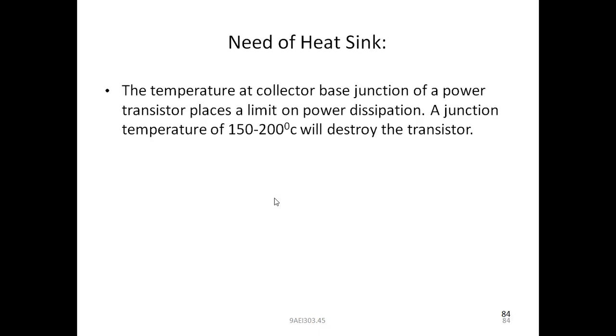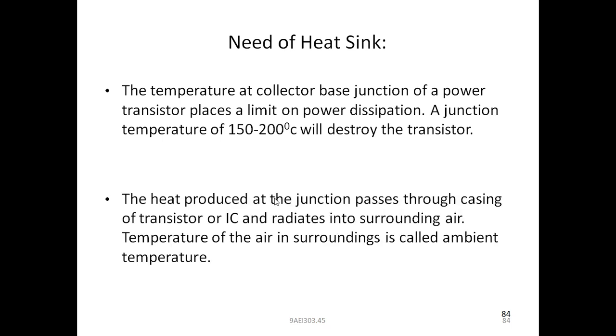Therefore, in order to overcome this, we have to use a heat sink. Need of heat sink: the temperature at the collector base junction of a power transistor places a limit on power dissipation. A junction temperature of 150 to 200 degrees centigrade will destroy the transistor. The heat produced at the junction passes through the casing of the transistor or IC and radiates into the surrounding area.